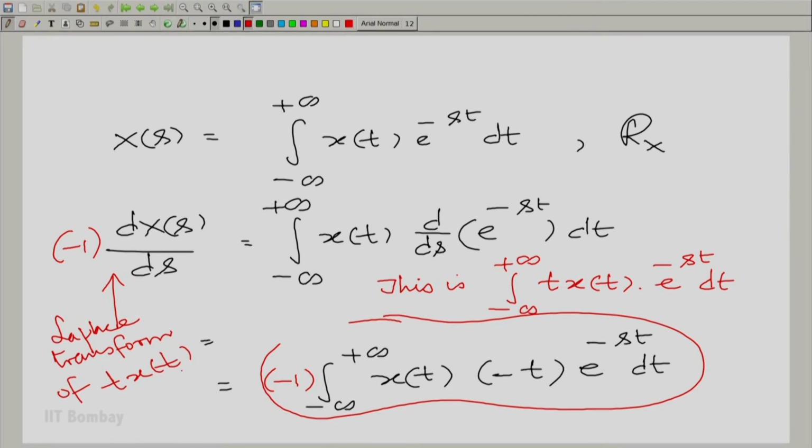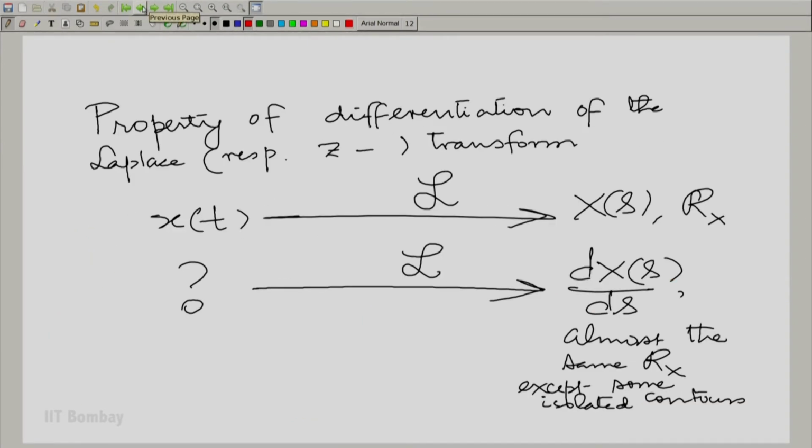Now we can go back and answer the question that we raised just a few minutes ago. Firstly, I put a minus sign here, and then I answer this question by saying t x of t here. Multiplication by t amounts to taking the derivative with respect to s and then negating.